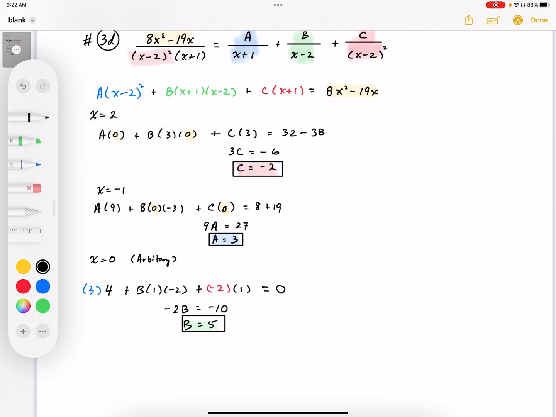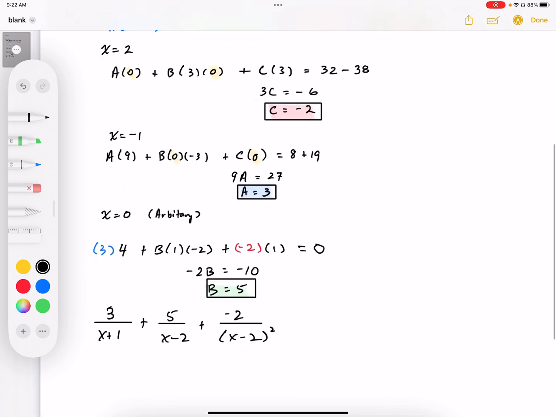I end up with a, which is going to be 3 over x plus 1, plus b, which is 5 over x minus 2, plus c, which we worked out to be negative 2, so negative 2 over x minus 2 all squared.